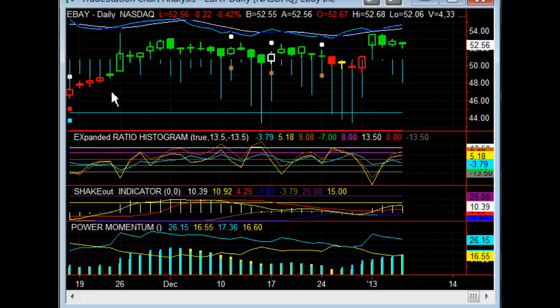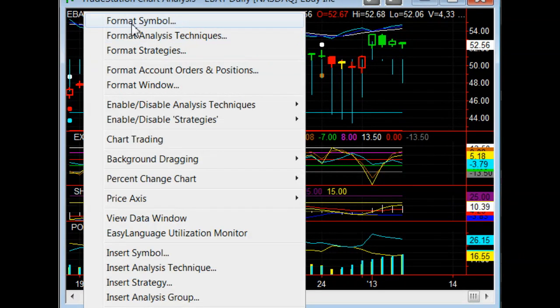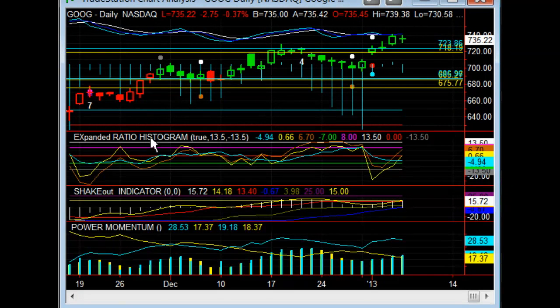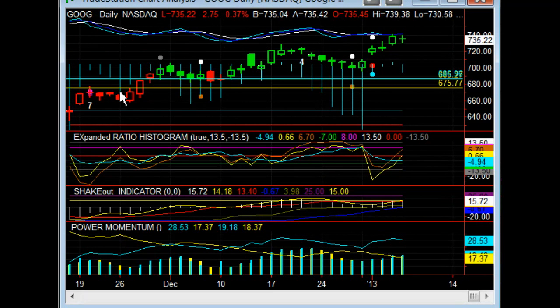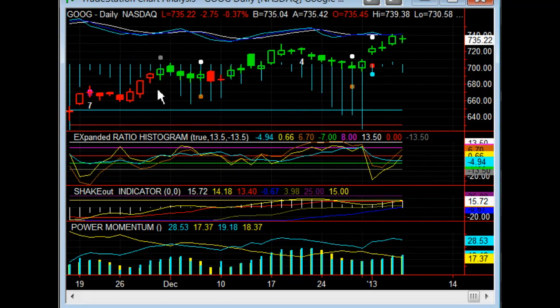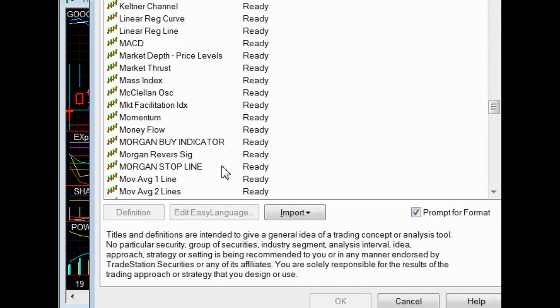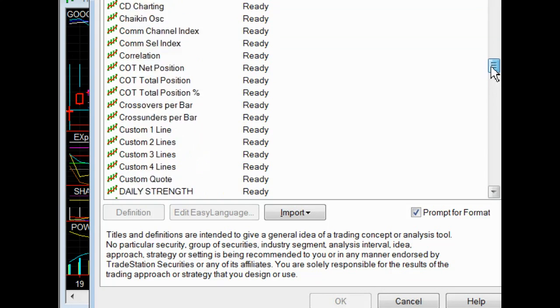Alright, instead of hunting it down, let's just go ahead and create it. I'm going to put Google back up. It'll take us a second. Always good for people to see how to add in indicators. Get rid of some of these extra lines. Alright, so we're going to insert an analysis technique, in this particular case an indicator.